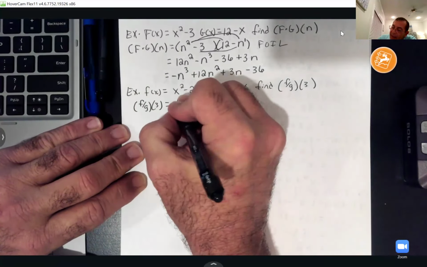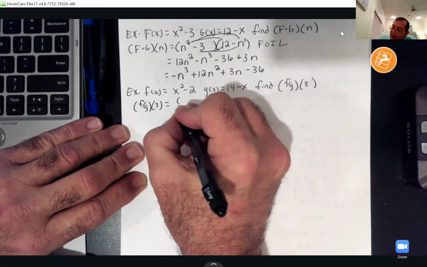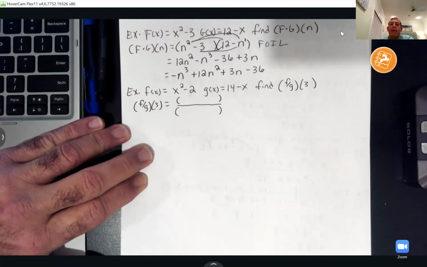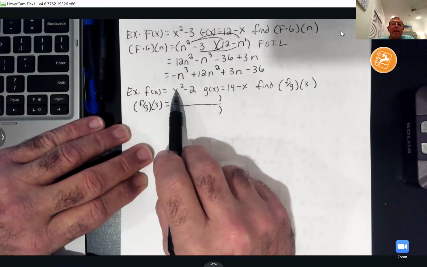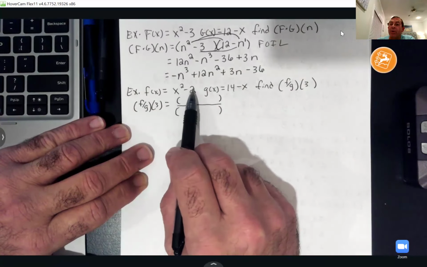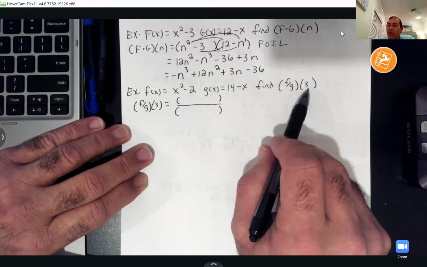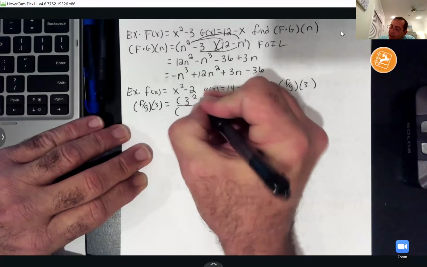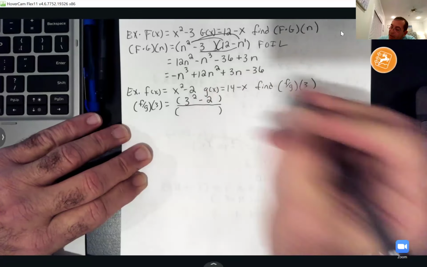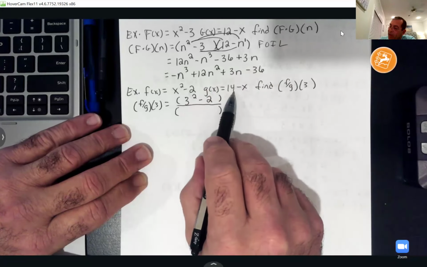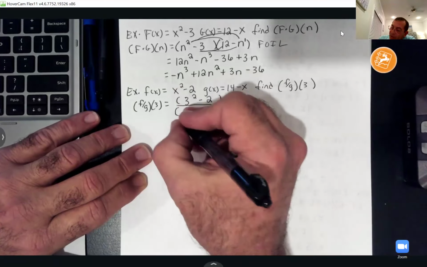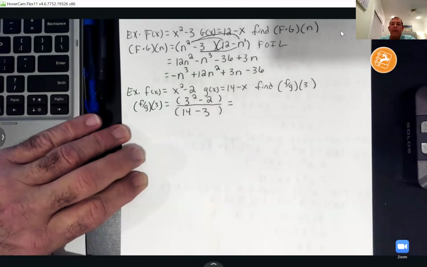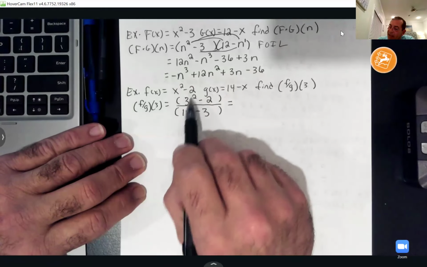So that'll equal my f divided by my g. So remember, f is not going to be x squared minus 2. It's going to be 3 squared minus 2. And then that'll be what? A 14 minus my 3. Also on top, exponent first.